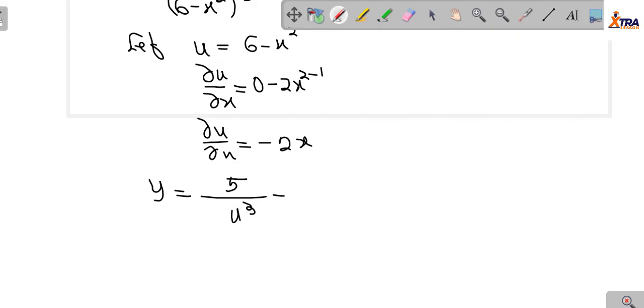Now I can express this in index form as 5 times u raised to power minus 3, which is the reciprocal, 1 over. So we have y equals 5 u raised to power minus 3.